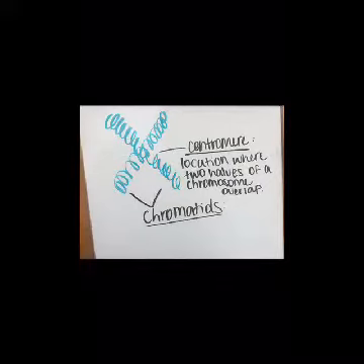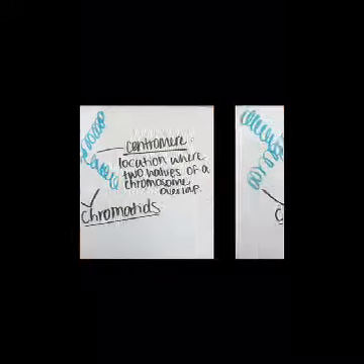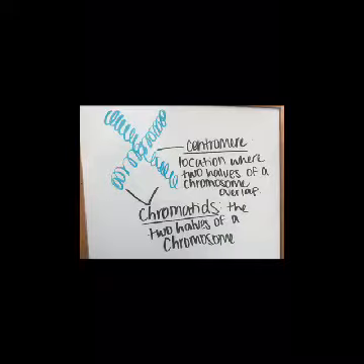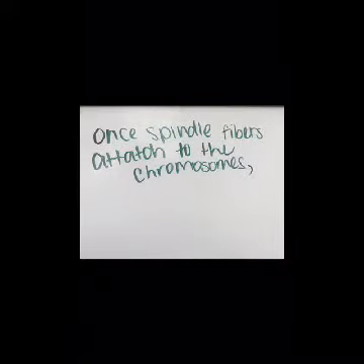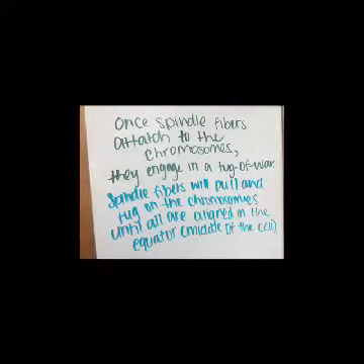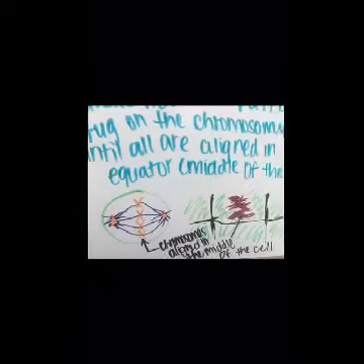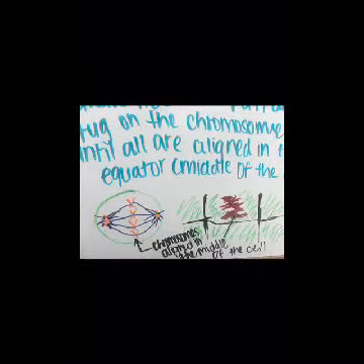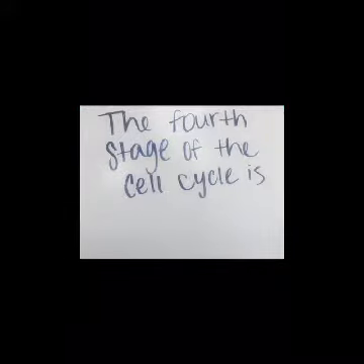Centromere is the location where the two halves of the chromosome overlap. Chromatids are the two halves of a chromosome. Once spindle fibers attach to the chromosomes, they will pull and tug on the chromosomes until all are aligned at the equator, which is in the middle of the cell. See? Chromosomes aligned in the middle of the cell.